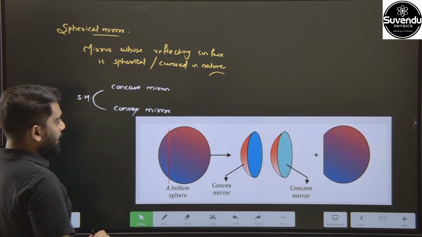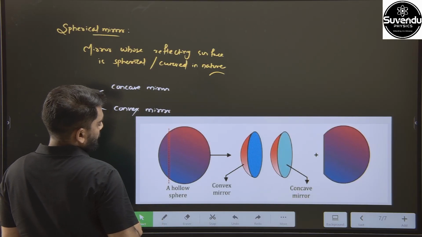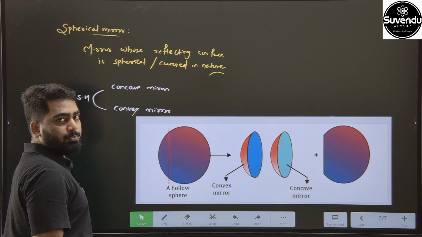Basically, spherical mirrors are formed out of the hollow imaginary sphere.